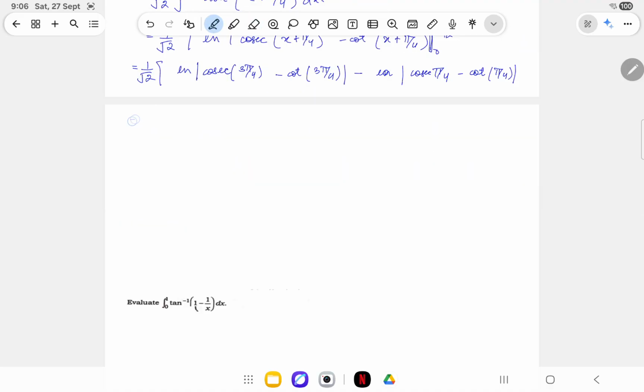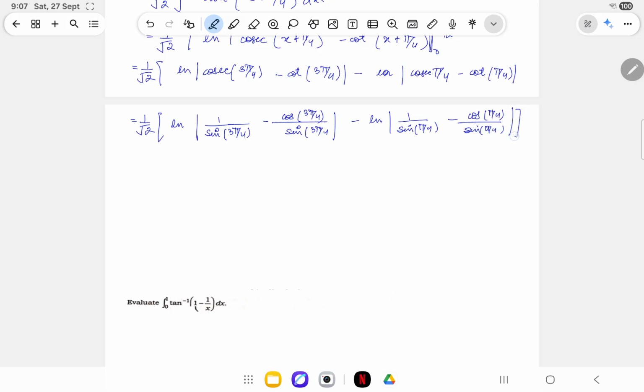I can write cosec 3π/4 as 1/sin 3π/4 and cot 3π/4 as cos 3π/4 divided by sin 3π/4, minus ln of (1/sin π/4 − cos π/4/sin π/4).